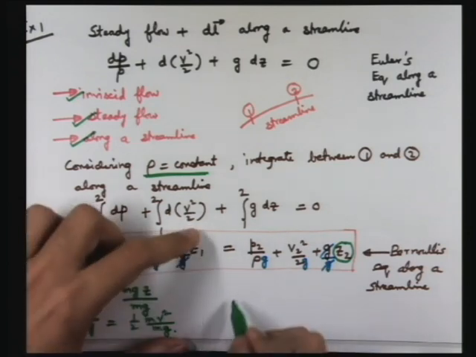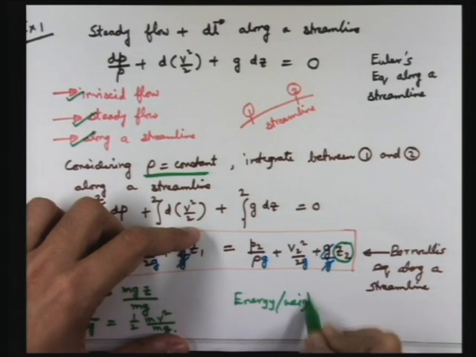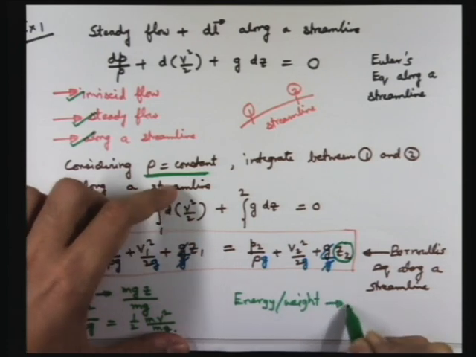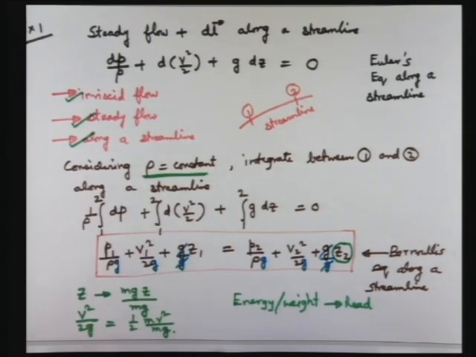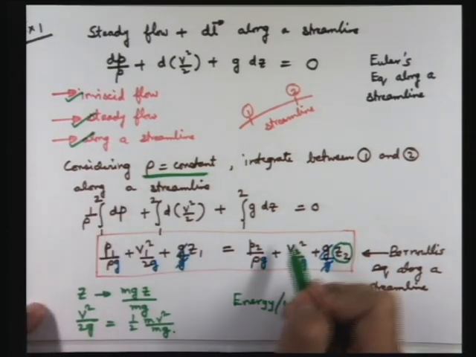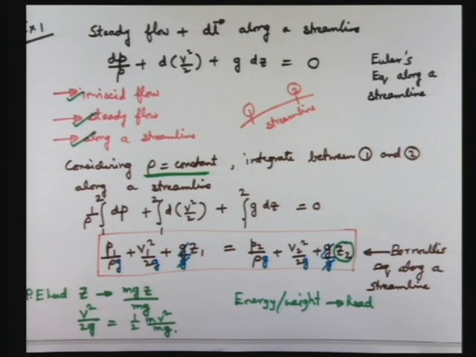So this is called potential energy head, and this is kinetic energy head. These two terms are straightforward, kinetic energy per unit weight and potential energy per unit weight.